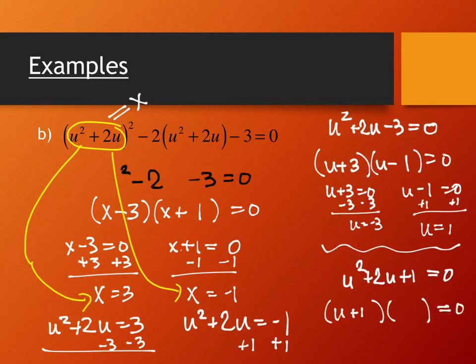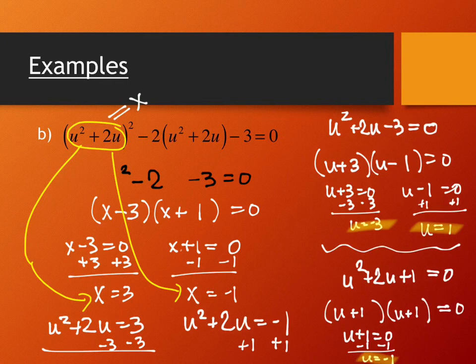U plus 1, u plus 1. So you can set them both equal to 0 if you want, but they match, so I'm just going to do it one time. So I subtract my 1, and I have one more possible solution, u equals negative 1. So there's 3 possible answers here. I'll highlight them that we need to check, and we'll check them back in the original equation.